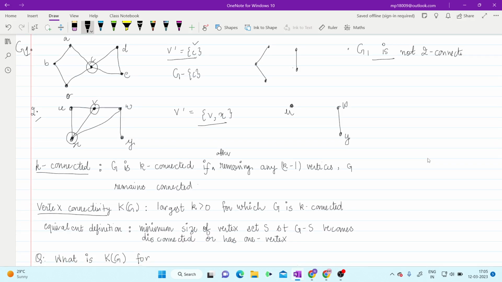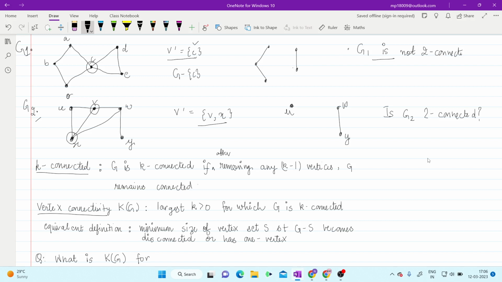But what about G2? What do you think? Is G2 2-connected? Yes, ma'am, it is 2-connected. Okay. Why is it 2-connected? Because if you remove only one vertex, the graph will not be disconnected.